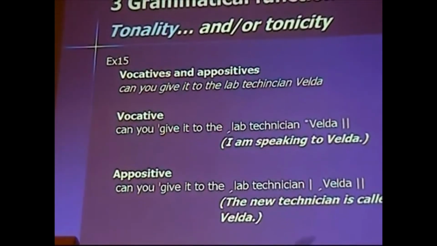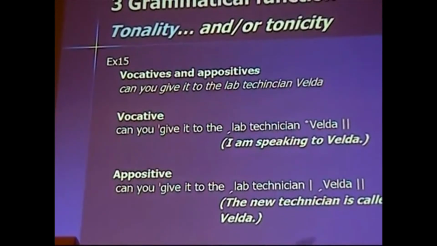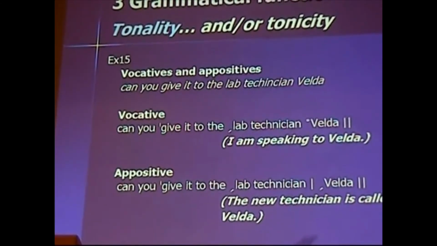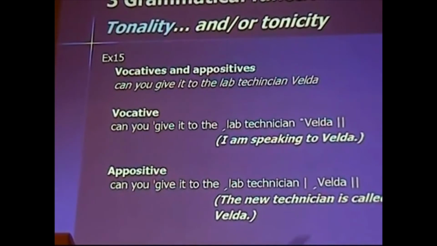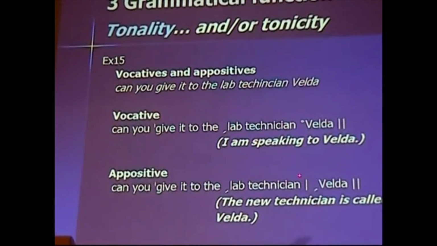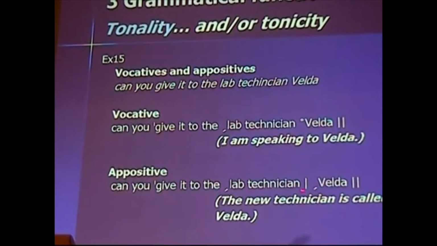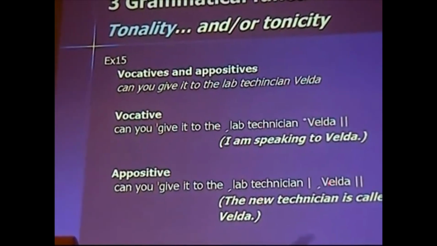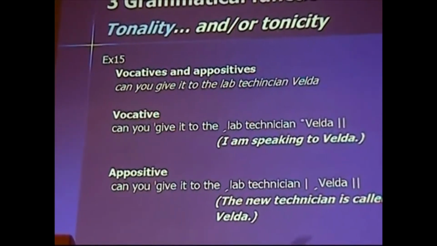I now want to be sure that it goes to Velda and not to any of the other lab technicians. Velda is now in apposition to the lab technician. And you can see in each of those that tonality causes, in the appositive one, an extra word group. That in turn means that we've got two nuclei instead of one. Okay.